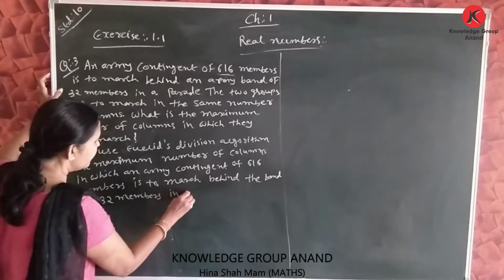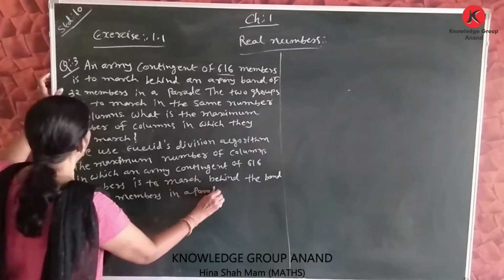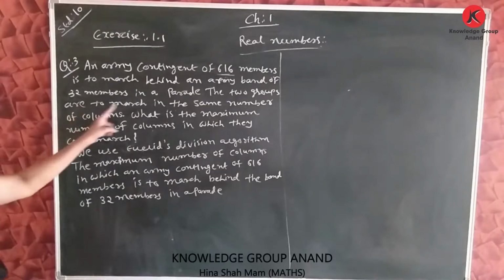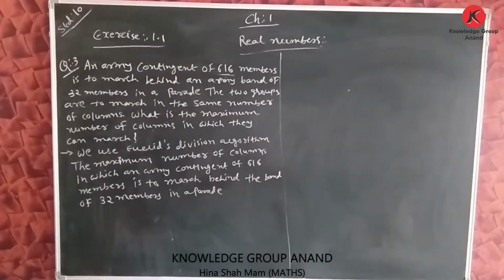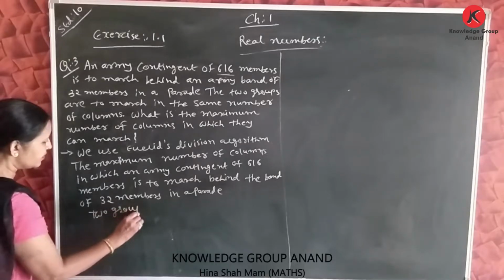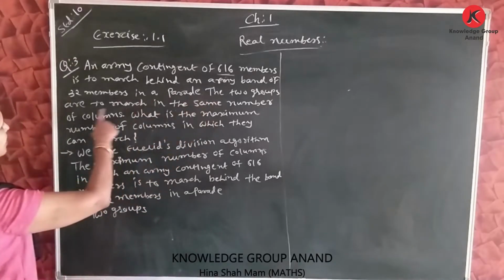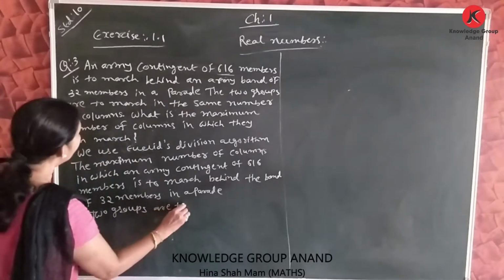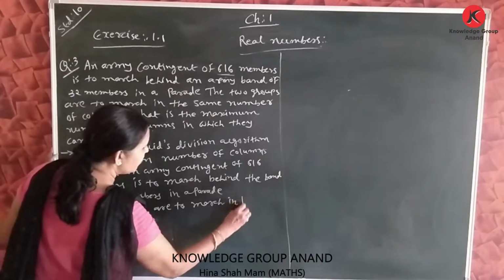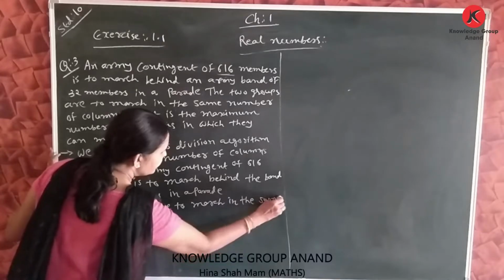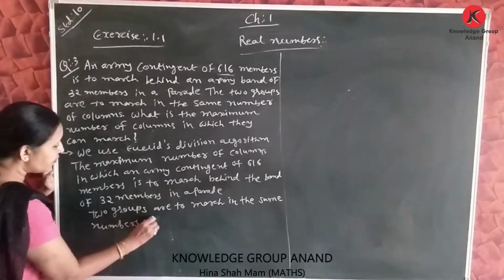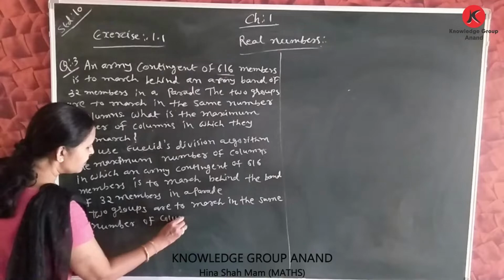The two groups are to march in the same number of columns.